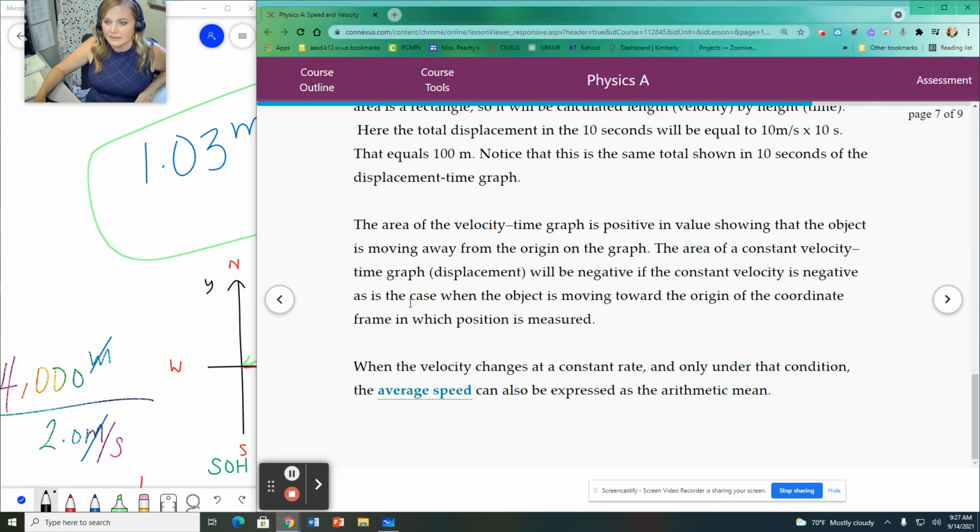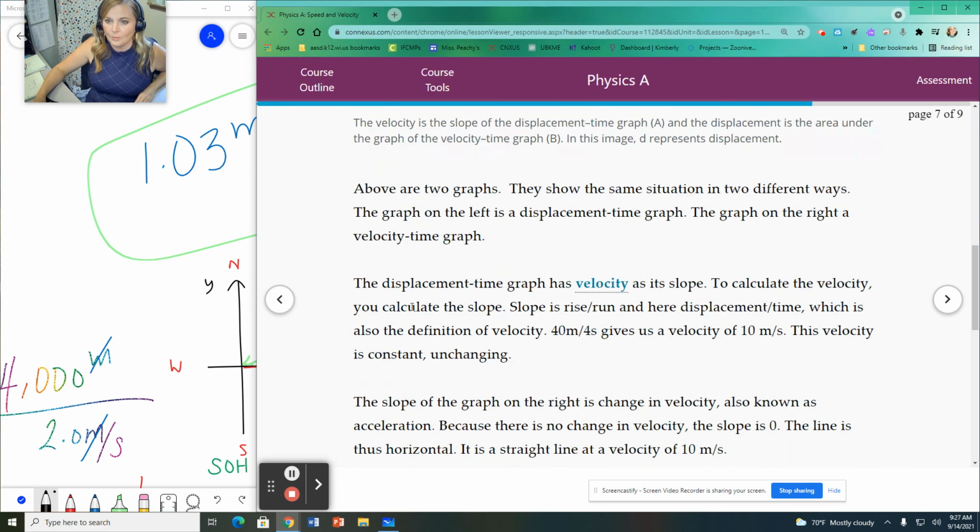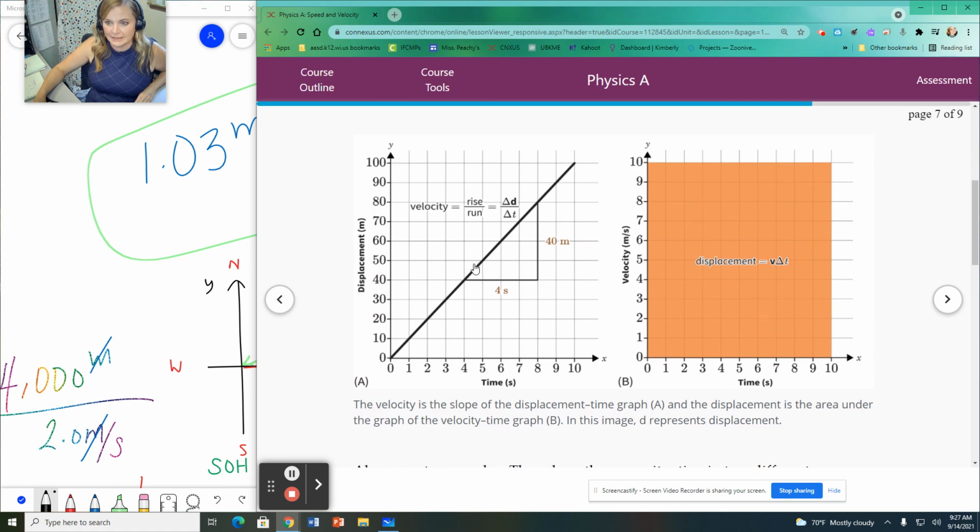In this particular example here, we can see that my displacement is changing linearly. So this is telling us we're traveling at a constant speed because the slope of the line is always the same. If the slope of the line were changing, you'd have a curve, and that would indicate that we're not traveling at a constant speed.